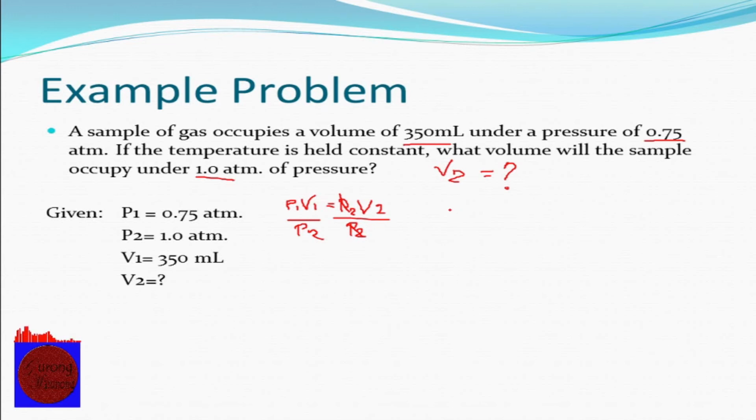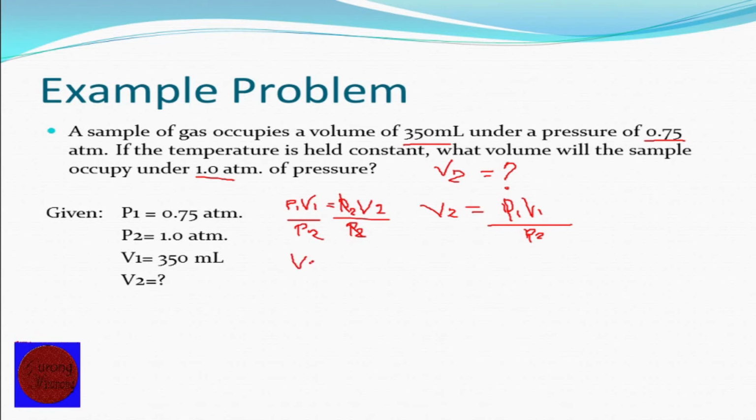So we have the formula V2 is equal to P1 times V1 over P2. So let's substitute.